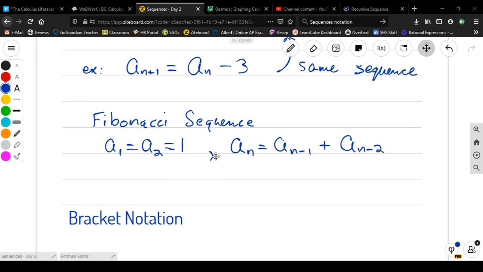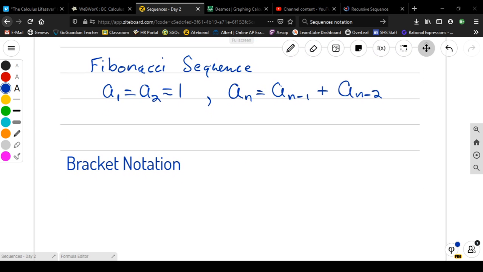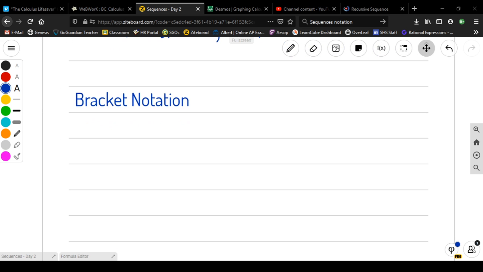Also, I wanted to talk a little bit about bracket notation, which is going to come up, and you'll see it sometimes, that we can define a sequence looking like such.